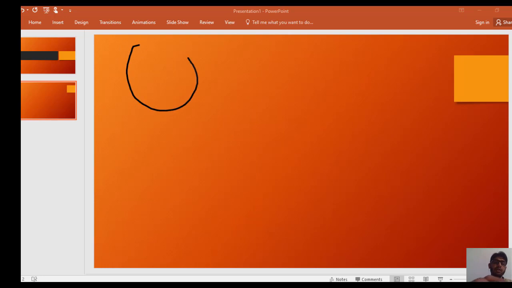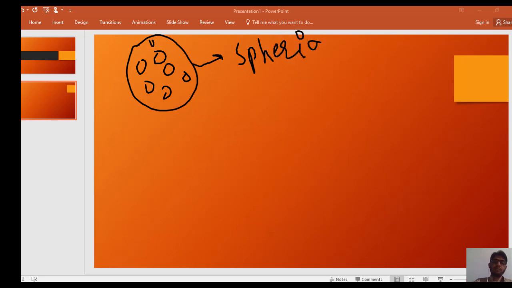Suppose we have a material, like we discussed in the previous case. Suppose this is a spherical lead material.